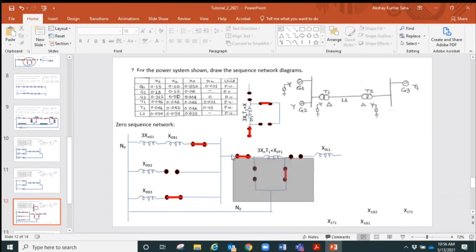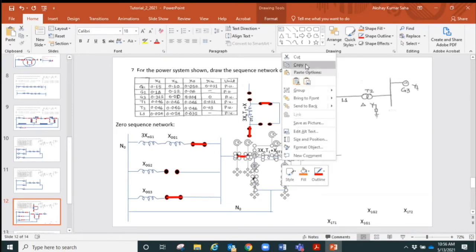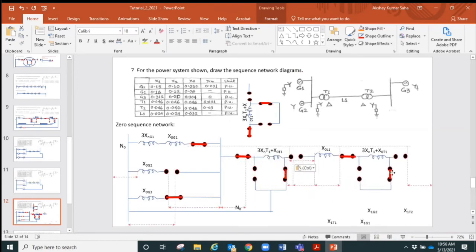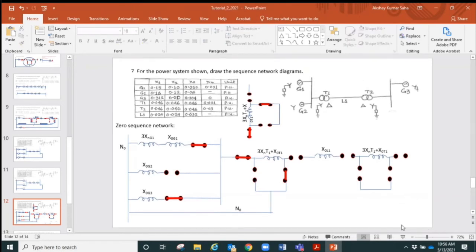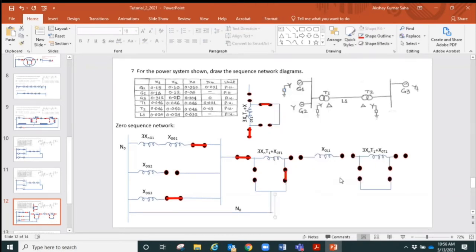We show the line 1 here, then we go to the next transformer. So we'll have to copy this whole thing and label them accordingly as well. Let's leave these switches open in the beginning, and of course we'll have to make sure that this part again goes back to the neutral bus N0.